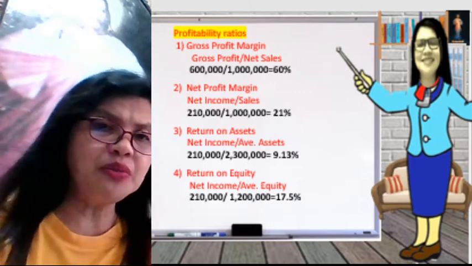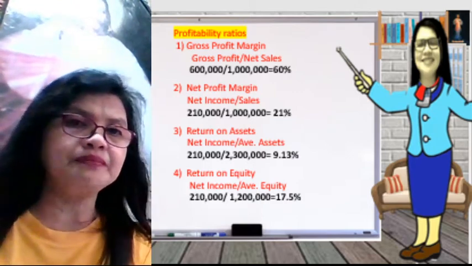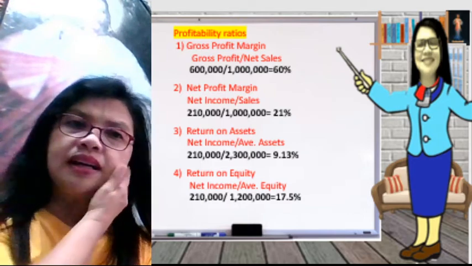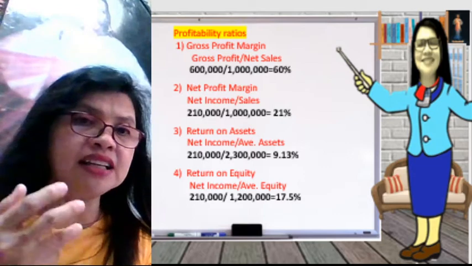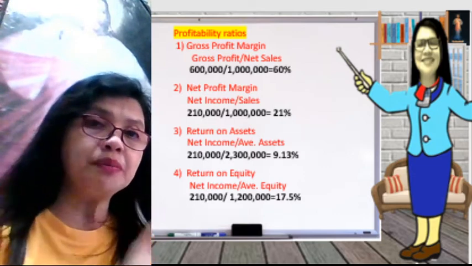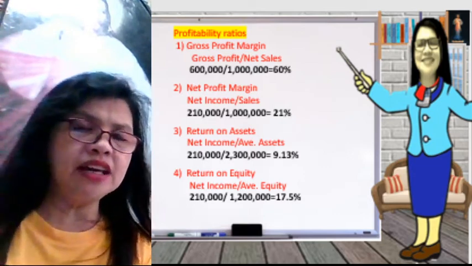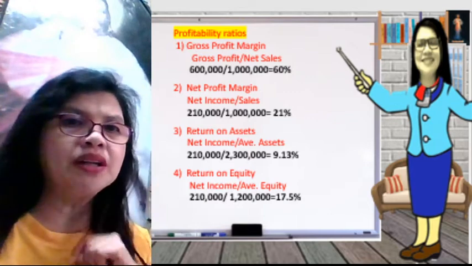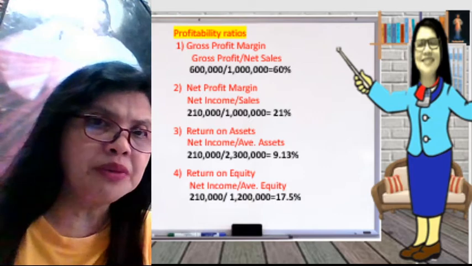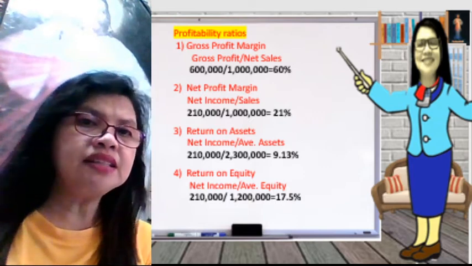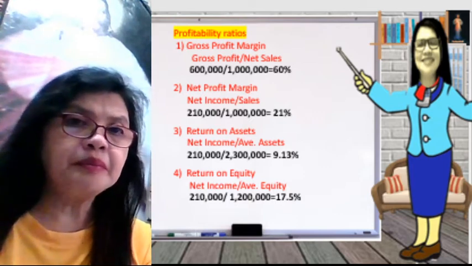Okay. Next, then we have the return on assets. This measures how much percentage the assets of the company contribute to your income. So net income of 210,000 divided by your average assets of 2,300,000 is 9.13%.